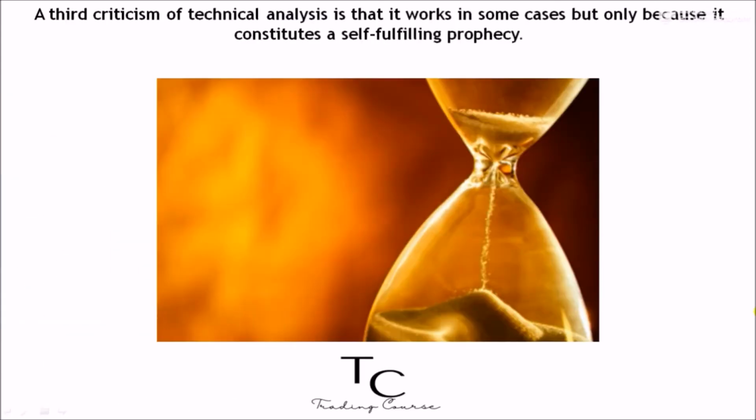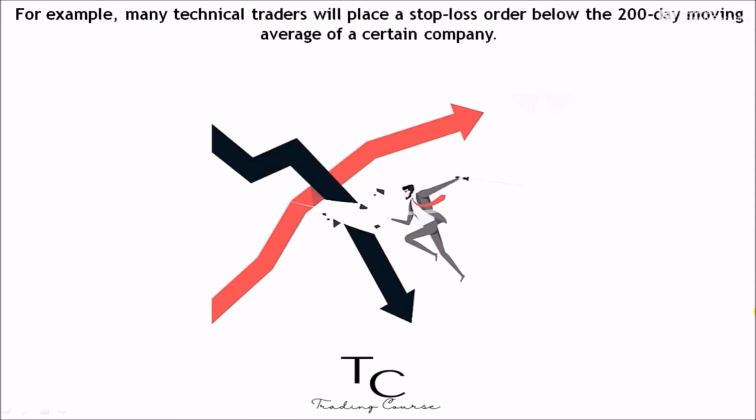A third criticism of technical analysis is that it works in some cases but only because it constitutes a self-fulfilling prophecy. For example, many technical traders will place a stop-loss order below the 200-day moving average of a certain company.